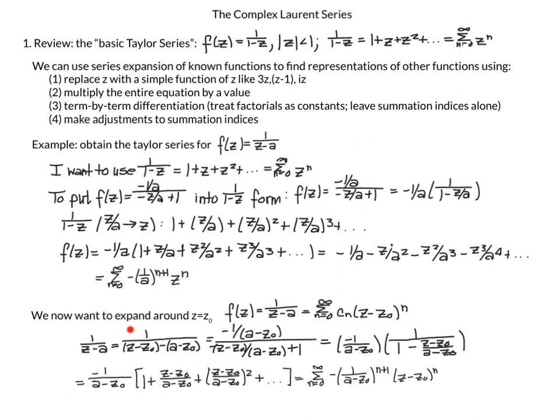So I'm just going to divide the numerator and the denominator by my constant a minus z naught, very similar to how I did up here. And then I get my function. I can then expand this, substituting z minus z naught over a minus z naught for z in my basic Taylor series. That gives me the series here. I have this multiplier in front, and this is my final series.